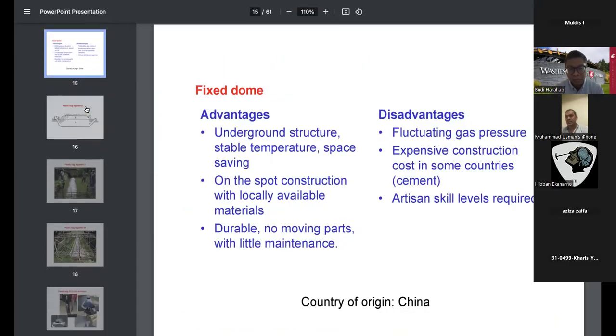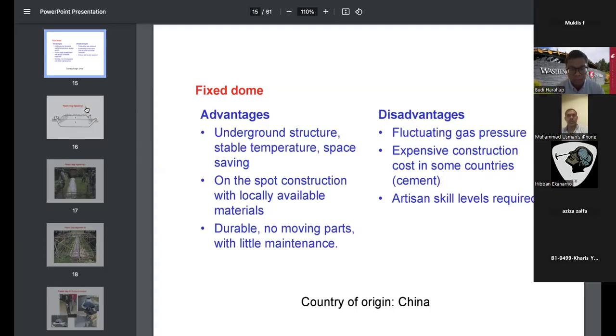So what are the advantages of this biogas plant compared to the previous one, which we named the Indian biogas plant? The basic advantage of this type of biogas plant is that it is an underground structure, and it can bear severe weather, and temperature changes will not disturb the bacteria.